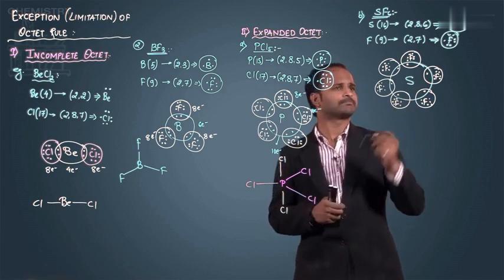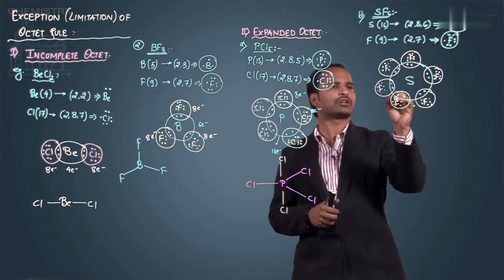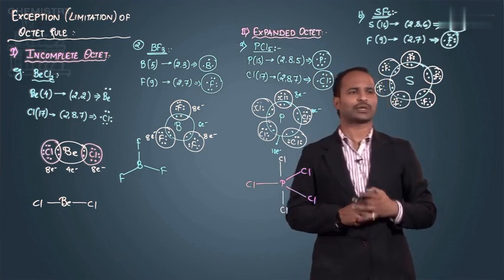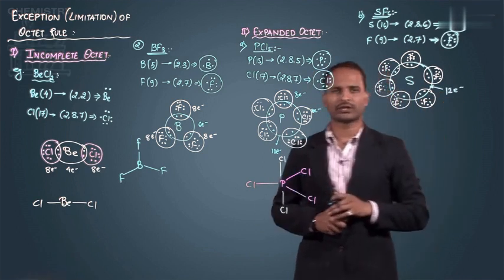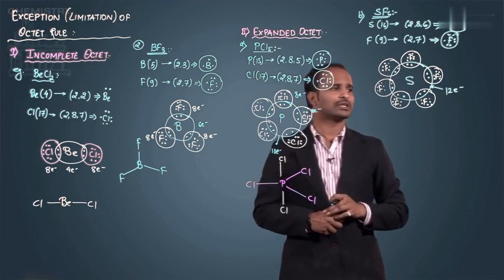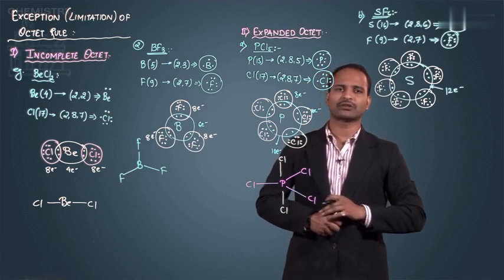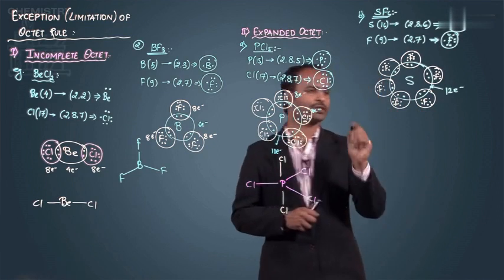The sulfur atom has 6 electrons and shares 1 electron with each fluorine. So now the SF6 molecule has a total of 12 electrons on the central sulfur atom in the outermost orbit. Why is this happening? This is again not explained by the octet rule, so it becomes a limitation.